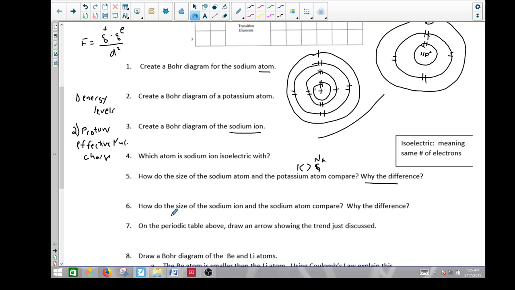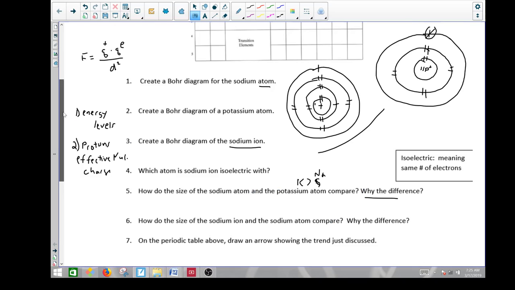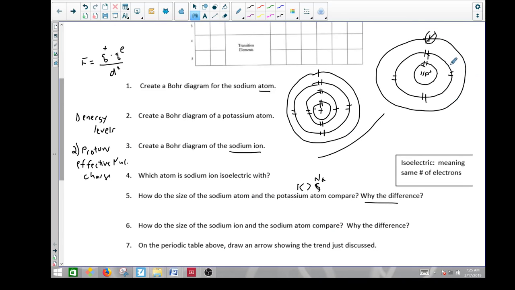How does the size of the sodium atom compare to the sodium ion? What's the difference? Well, we already mentioned this one: looking at energy levels, do these have the same energy levels? The answer is no. The sodium ion only has 2 energy levels. The sodium atom has 3.